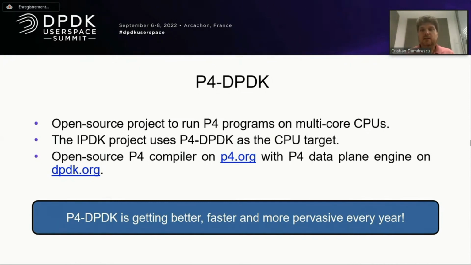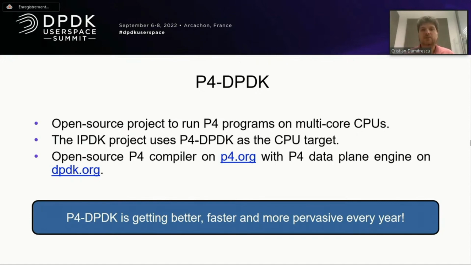We have made quite a bit of progress up to now, and we now have a data plane engine in DPDK that is P4 programmable, essentially the pipeline library and some other libraries that are dependencies. And we also have this data plane engine from DPDK driven by the P4 compiler.